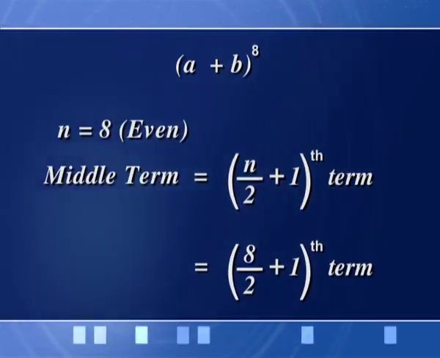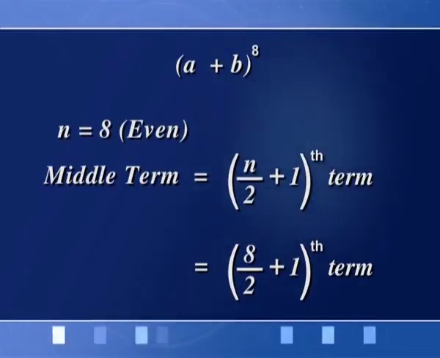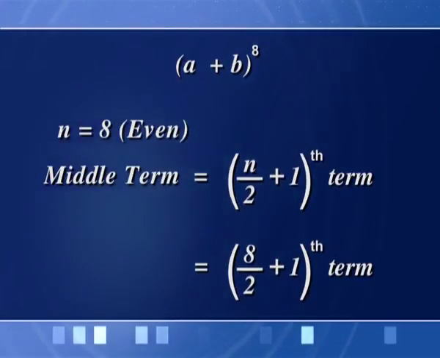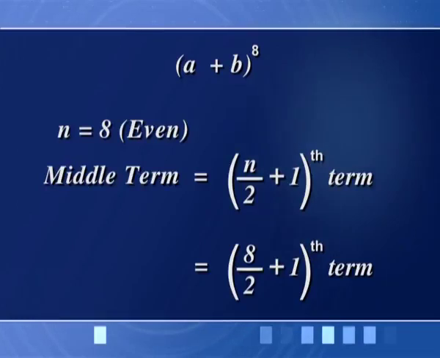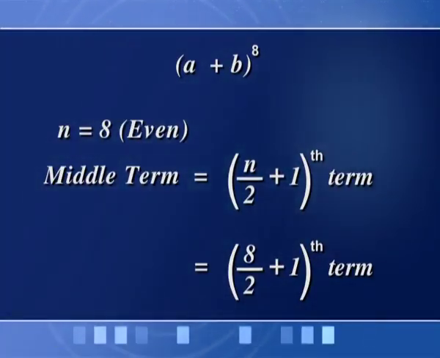It means we just divide the power by 2 and add 1 after it. The term we get after this calculation will be the middle term in the expansion of the given binomial.